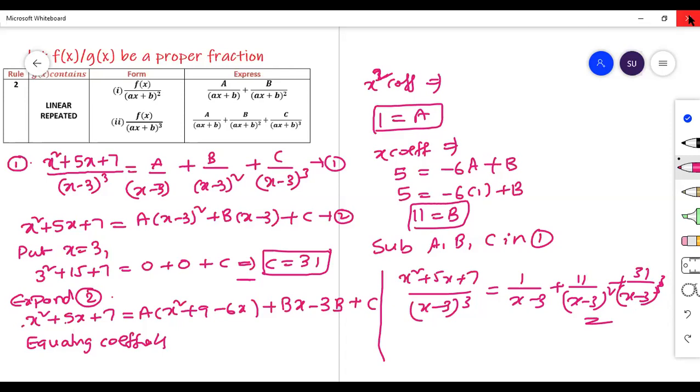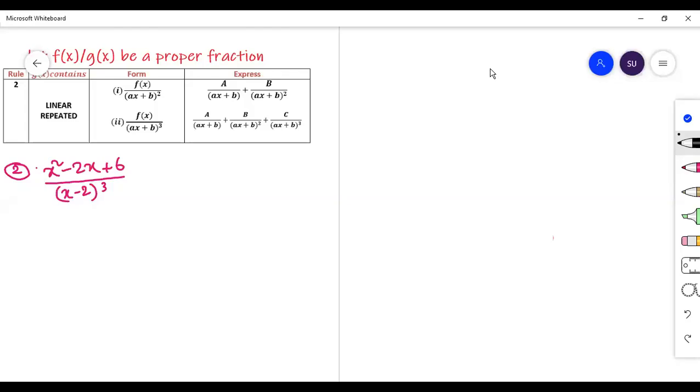Let us take another example. Next question: x square minus 2x plus 6 by (x minus 2) whole cube, resolving it into partial fractions. So here again 3 terms, (x minus 2) whole cube is there.